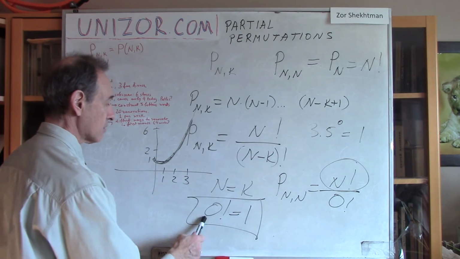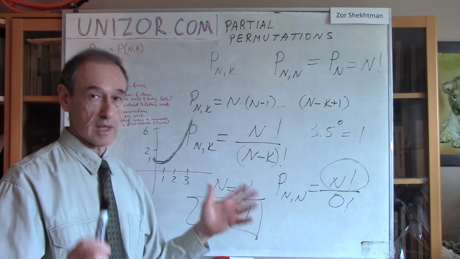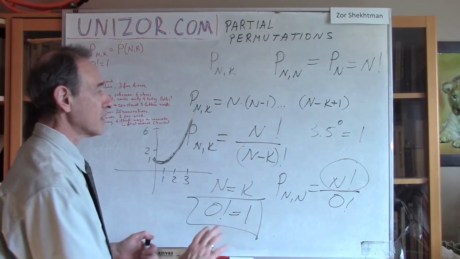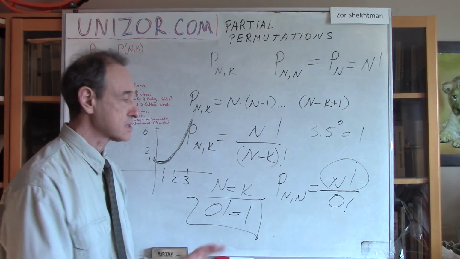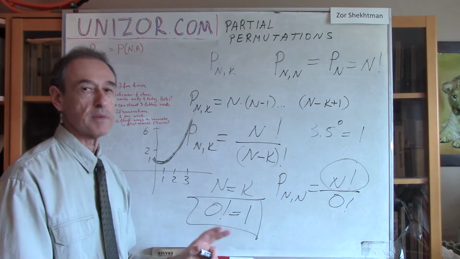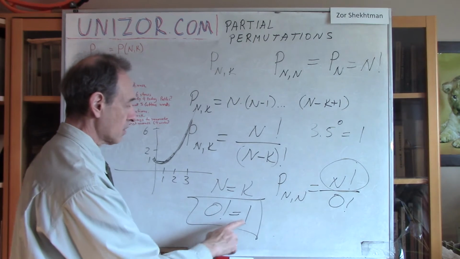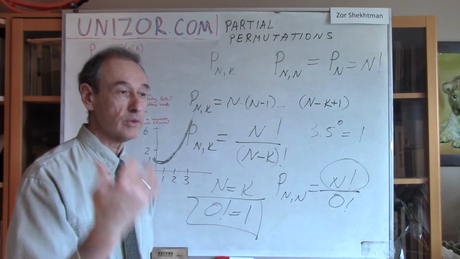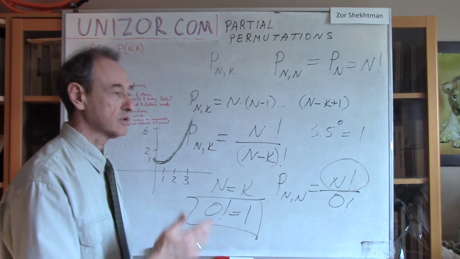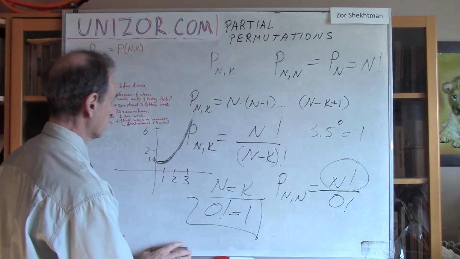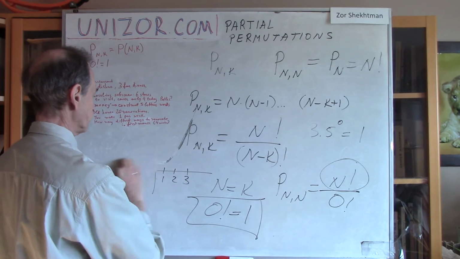So accept that 0 factorial is 1 by definition. End of story. Forget about gamma function, forget about all these higher mathematics. We just define it on elementary level. 0 factorial is 1, and the factorial for all natural numbers is equal to a product of numbers from 1 to that number. Okay.